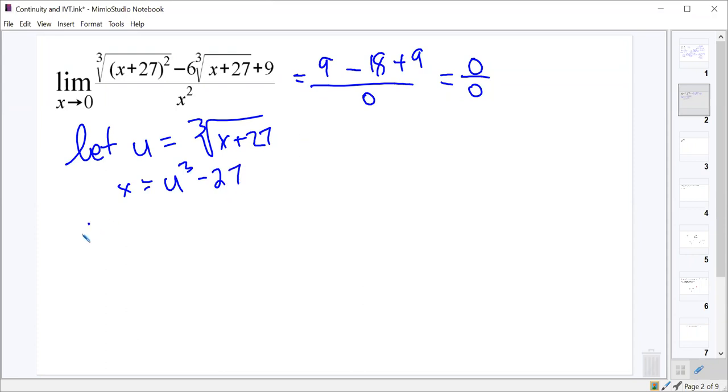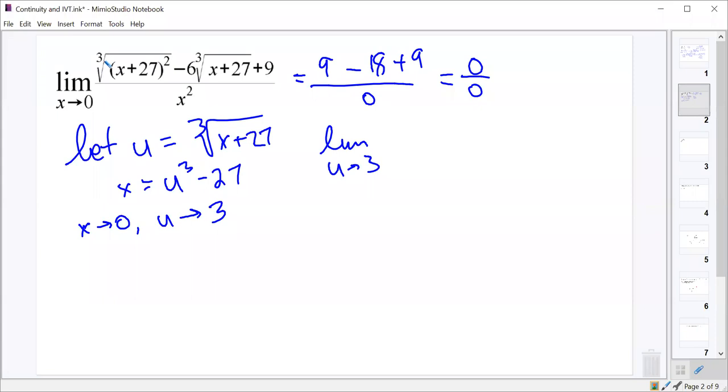And as x approaches 0, u approaches what? 3. 3, exactly.